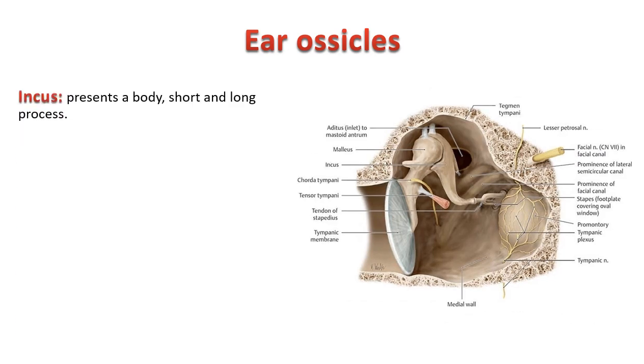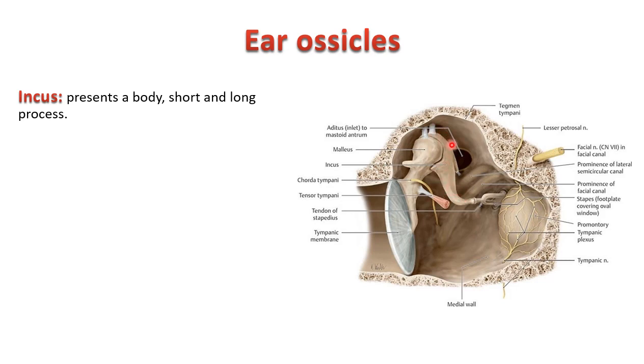Now we will move on to the incus. So the incus presents a body, and then it has a short process, and you are able to see that is the short process, and that is the long process of the incus bone.